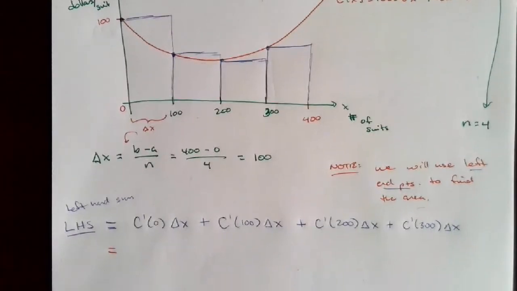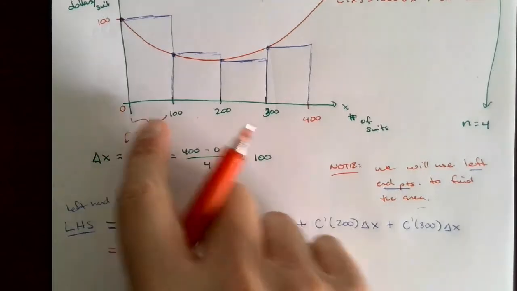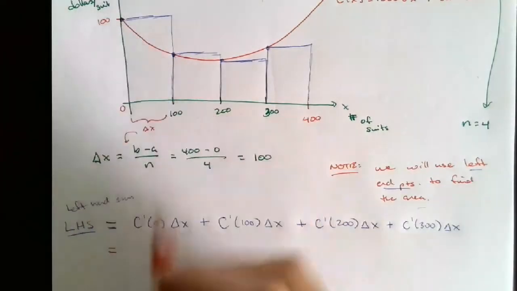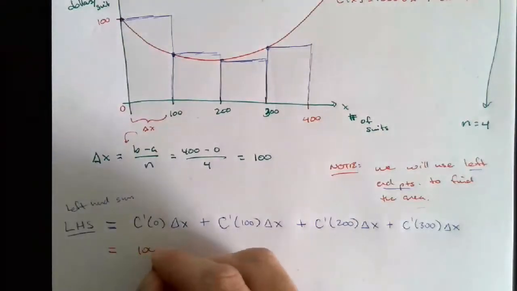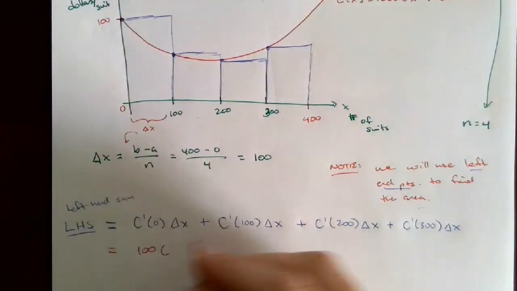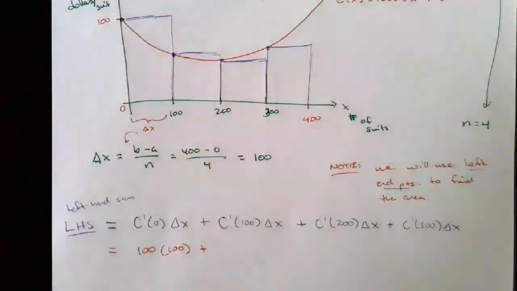So when I look at this, the c prime of 0, we know what that is already. C prime of 0, the y value there is 100. If you were to sub x equals 0 in here, you get 100 out. So it's 100 times delta x, the width. Well, the width, we know delta x is 100, plus c prime of 100.